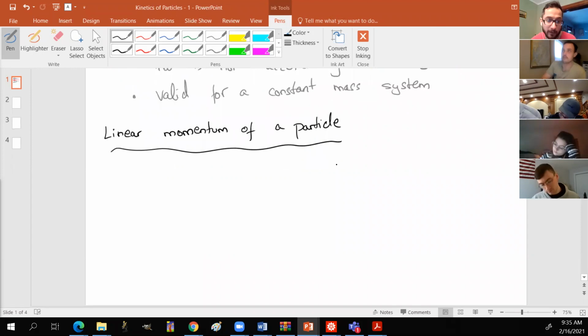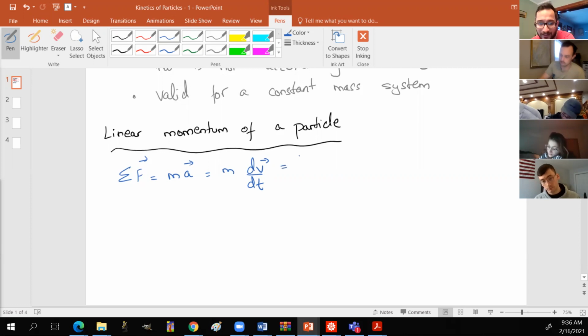Right, so another way to write Newton's second law is basically, you have your forces, that's equal to the mass times acceleration, right? And then you can write your acceleration as dv over dt. But then we know that this mass is constant, so you can put the mass inside and you get d of mv over dt.